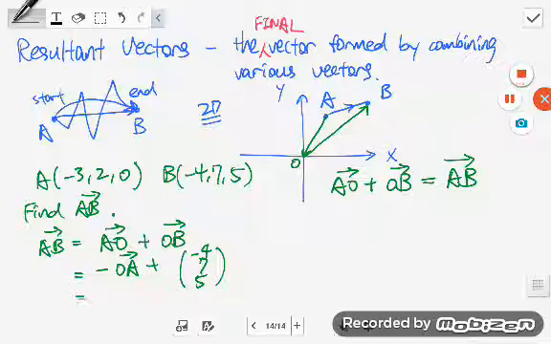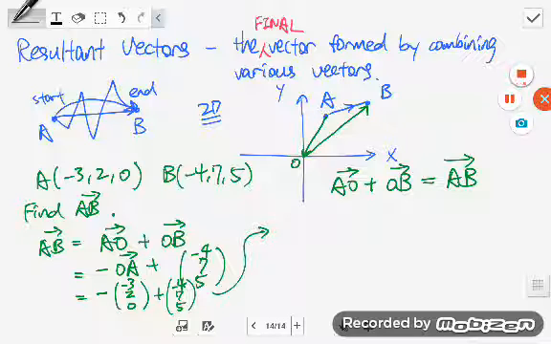So negative of OA, my OA is just my position vector of A. So that's -3, 2, and 0. Don't forget the negative in the front. Plus -4, 7, and 5.